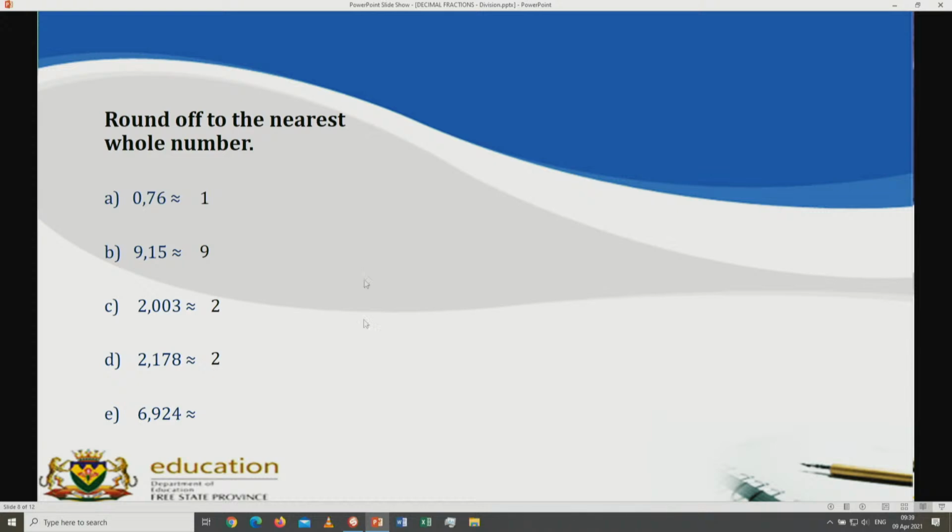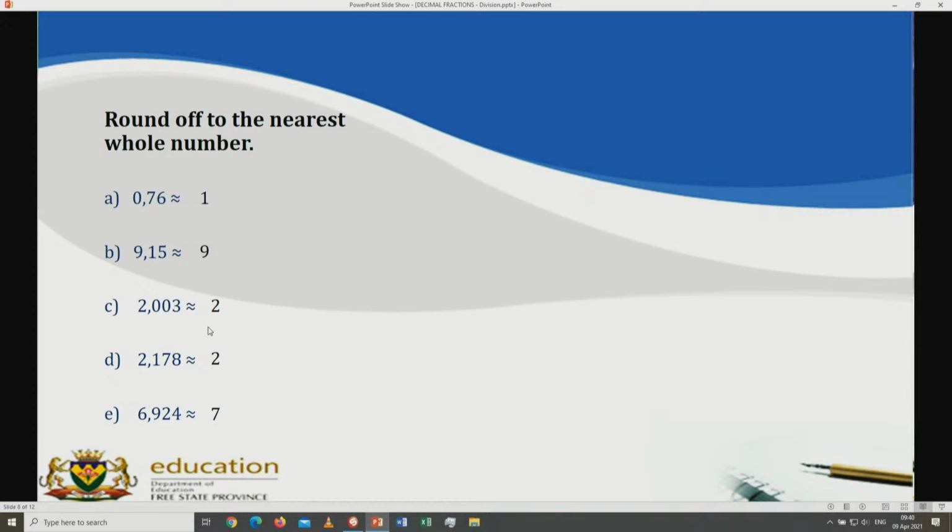And then look at number E, we have what? 9 tenths, or 9 digits in the tenths, and then our whole number is 6. You know what is going to happen. Now I said 5, 6, 7, 8, 9, you round off upwards. So that is why we are going to get what? 7.